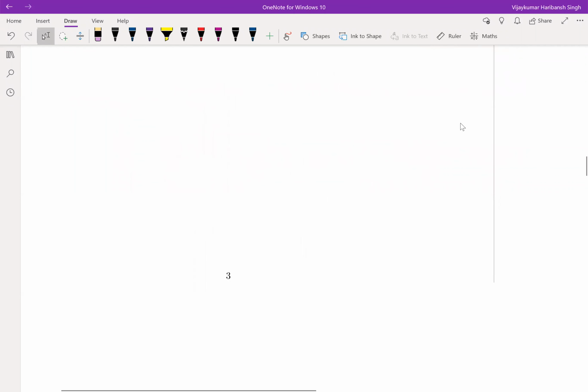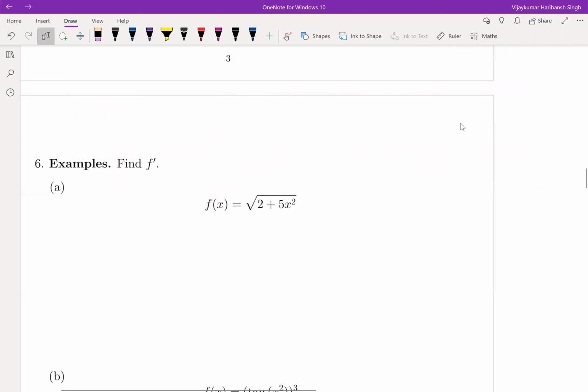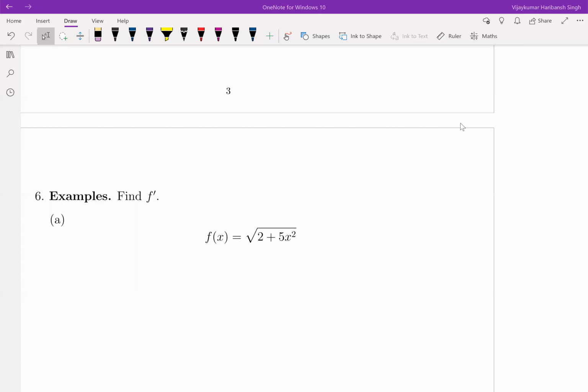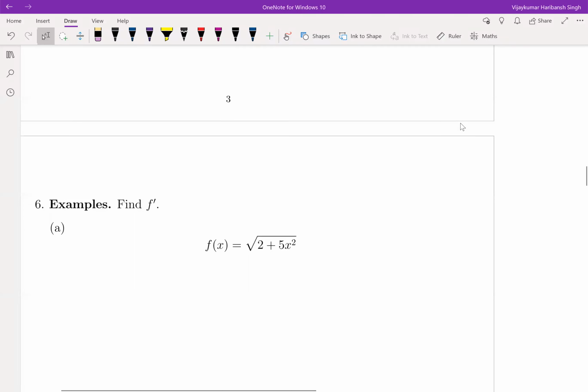Now let's do the following problem. f of x equals the square root of 2 plus 5x squared, right? In this case, this can be seen as (2 plus 5x squared) to the power half.